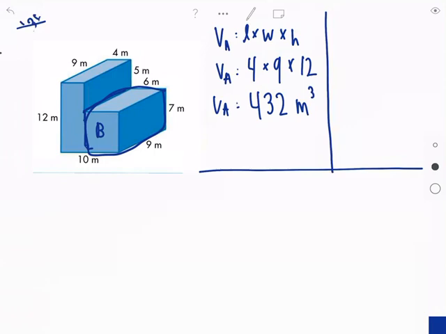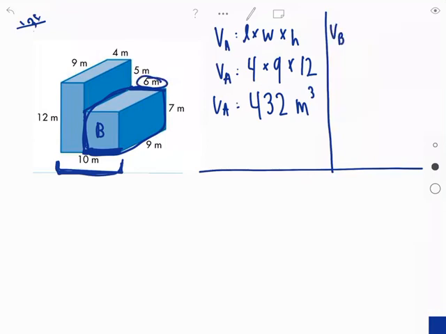Once again for B, we're finding the length of B. But since we cut it here, the length is only this part. So it's not going to be 10 because 10, again, measures the entire thing. So if we look on the other side, we have the correct amount of length, which is 6.